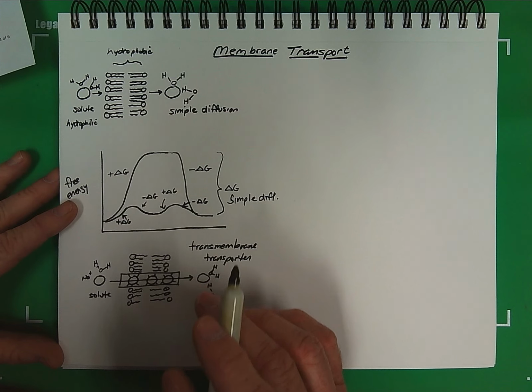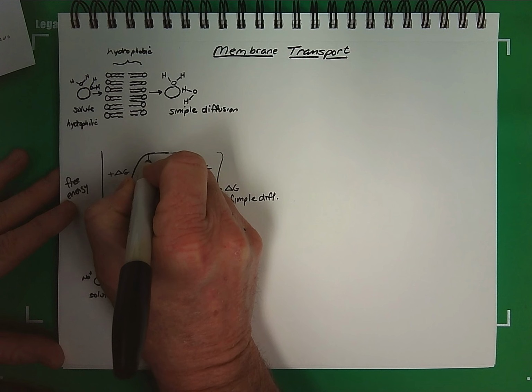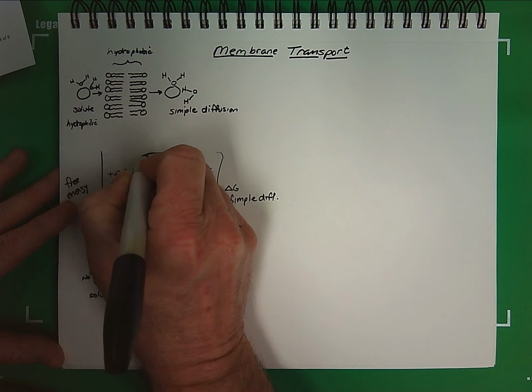So the catalytic activity of an enzyme is simply to reduce this amount of activation energy.